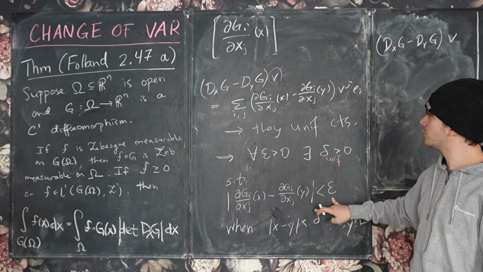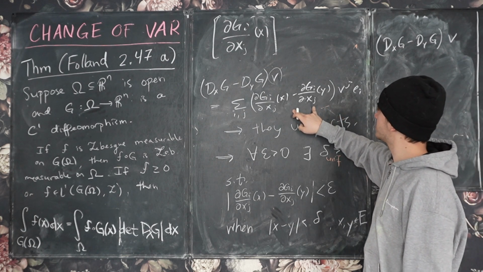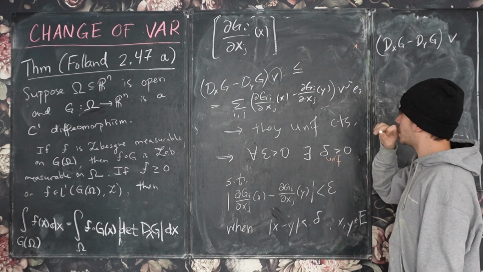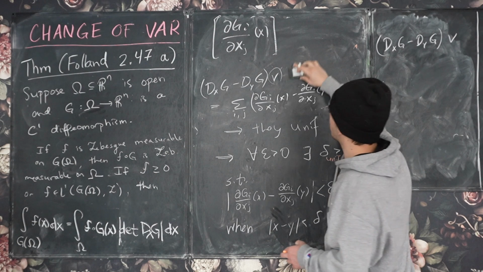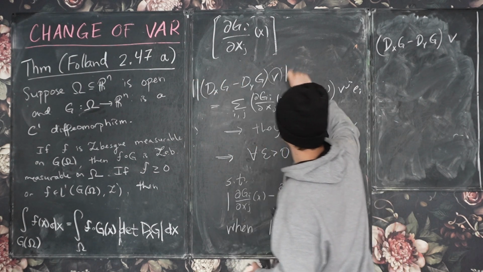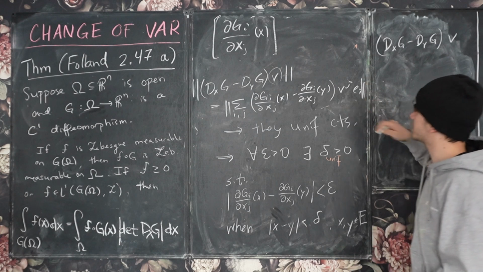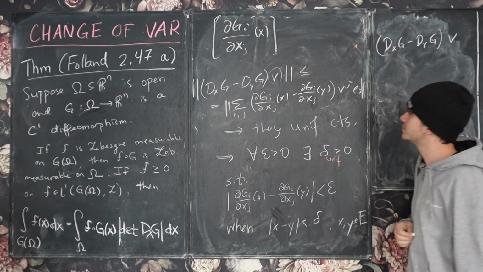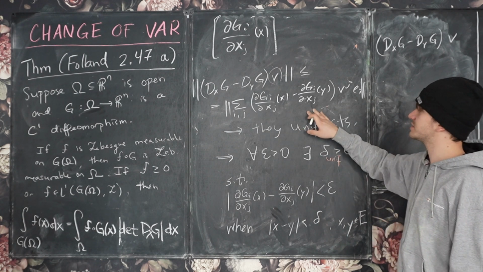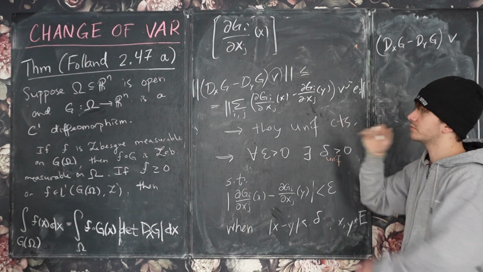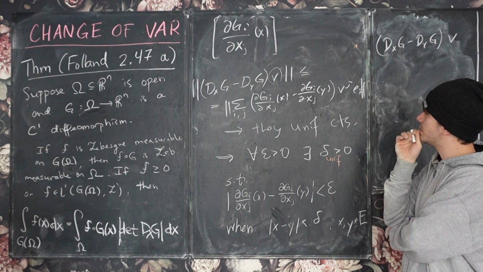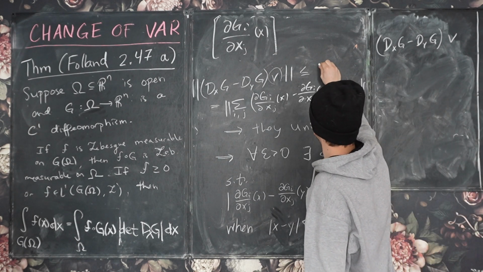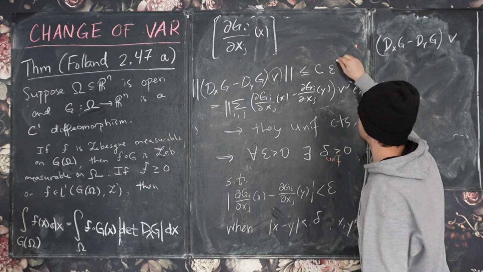If I look at the norm of this thing, the length of this vector, it is going to be less than or equal to some constant times epsilon times the magnitude of v.